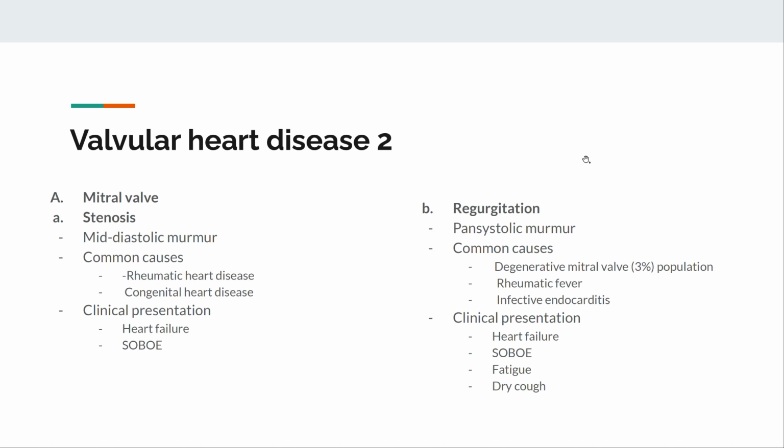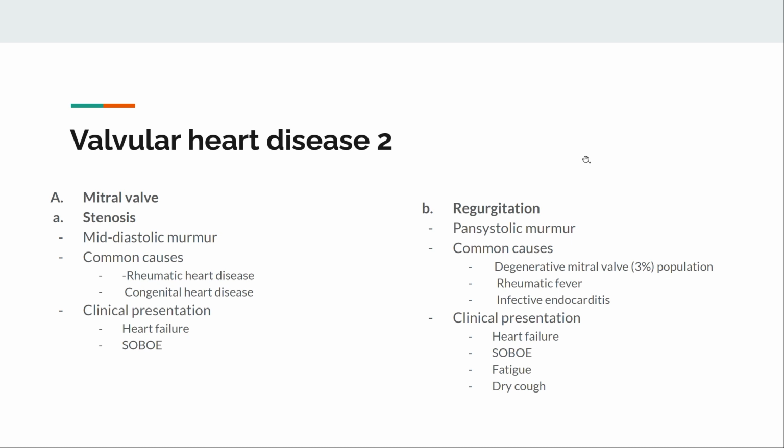As with each of these valves, there's either stenosis or regurgitation, and I'll talk about each of these as we go along. So for mitral valve stenosis, this is a mid-diastolic murmur, apologies, and you're going to hear this through diastole.